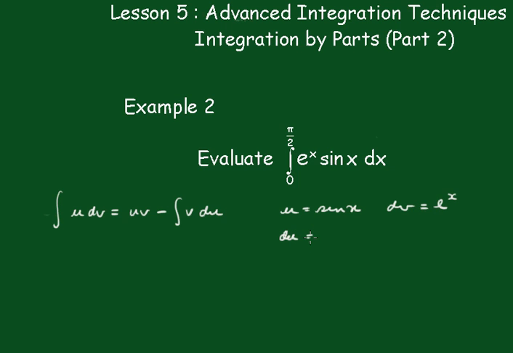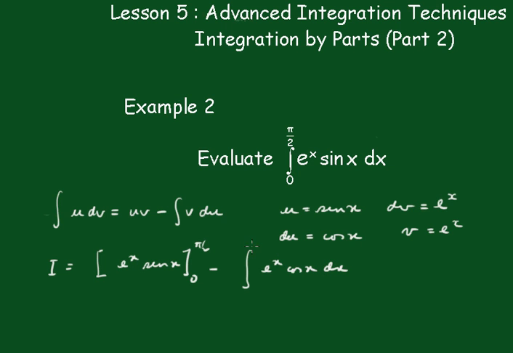So now du equals cos x and v equals e to the x. So our integral equals uv, e to the x sine x between pi upon 2 and 0 minus the integral of e to the x cos x dx between pi upon 2 and 0.